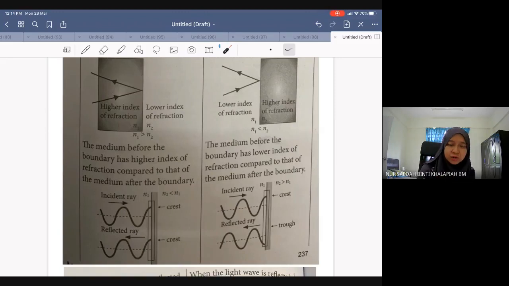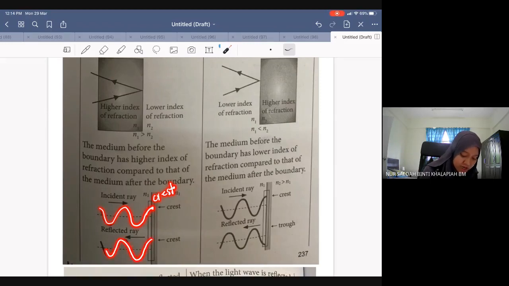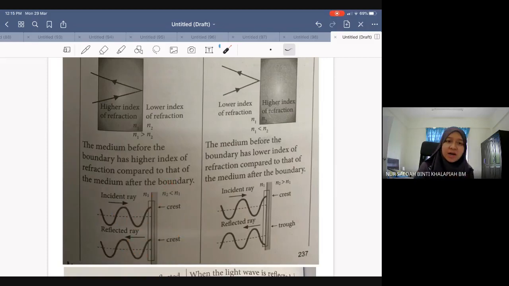The light will be reflected back, and it is reflected with no phase difference. If we look at the picture here, the incident ray comes from here, and when it touches the surface of the thin film, it is at a crest. It will go back along the same path, but to show it here, it turns back also starting with a crest for its reflection.